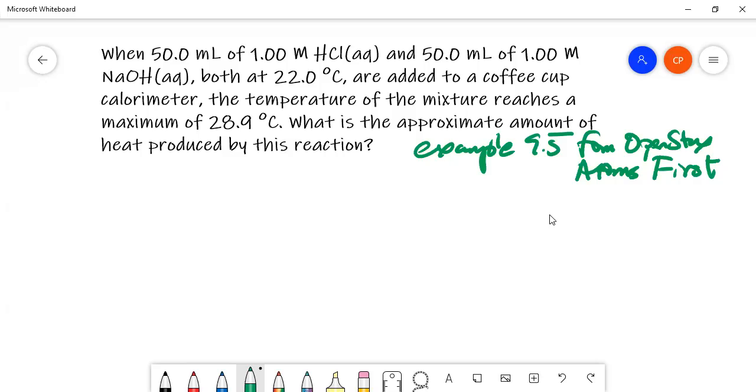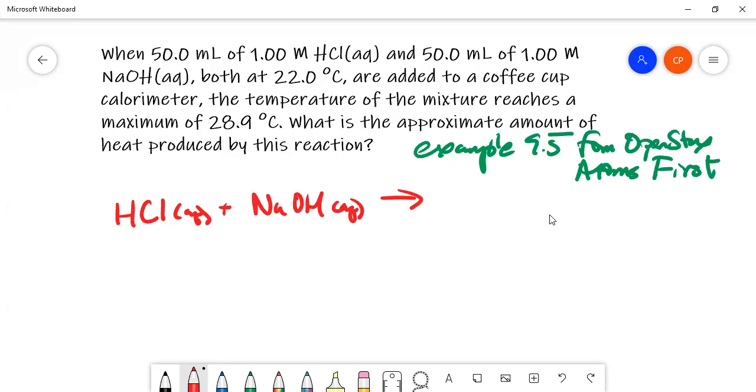Now, the liquids are hydrochloric acid and sodium hydroxide. Hey, what do we know about mixing hydrochloric acid and sodium hydroxide? What are the products of that?